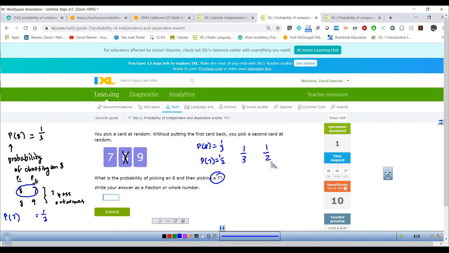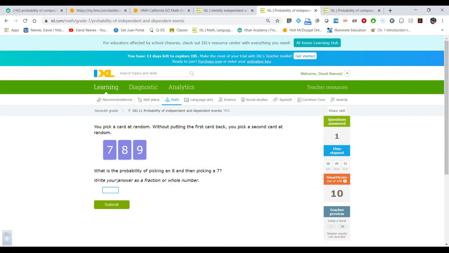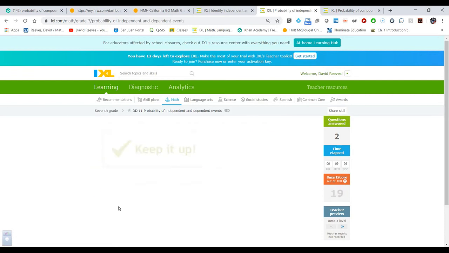Do we want to subtract or divide them? No way, Jose. We want to multiply, and we get 1/3 times 1/2, which is 1/6. So we have a 1 out of 6 probability when we have these 3 cards that the first one will be an 8 and the second one will be a 7. 1 out of 6. Let's see how we did.